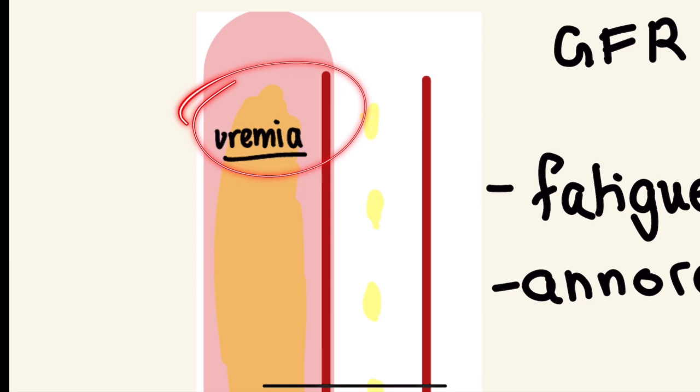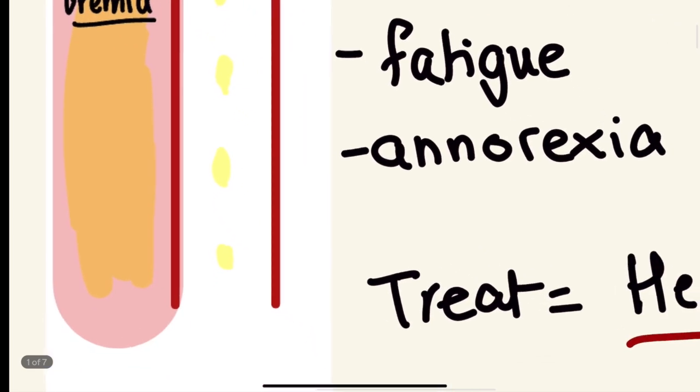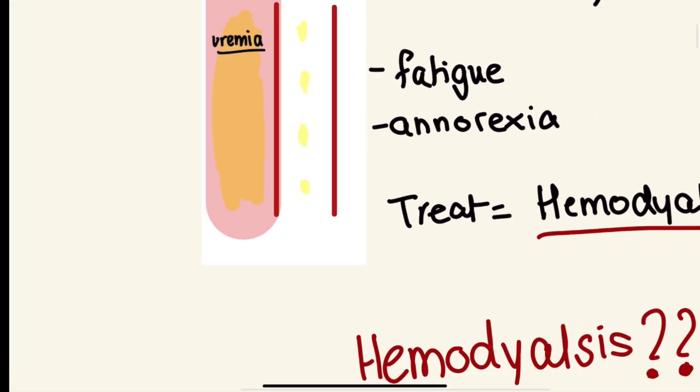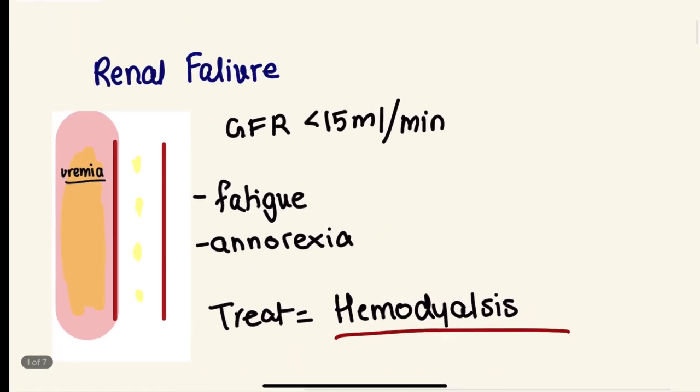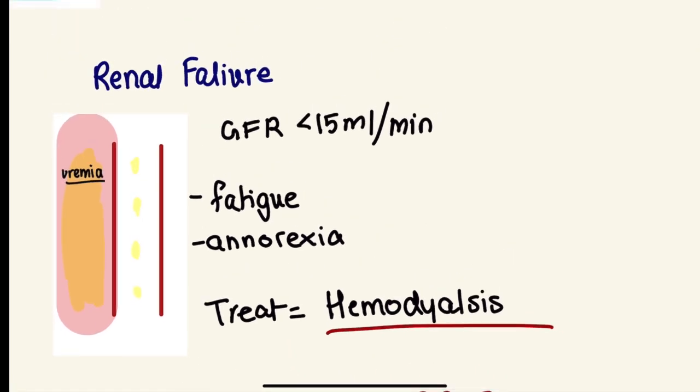So uremia. These things lead to characteristic symptoms like fatigue, muscle cramps, and mental changes. There can also be hormonal imbalances and ionic imbalances. So in renal failure, you're going to see all of these things happening in your patient.